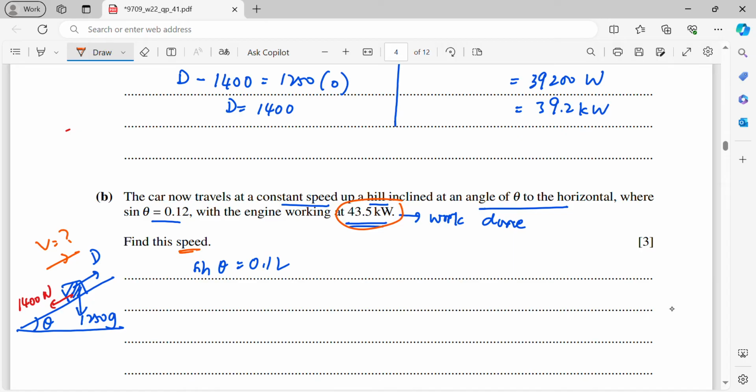Now when you look at the question again, it is constant speed. So constant speed means that the a is still 0. Not speed constant, constant speed, sorry.